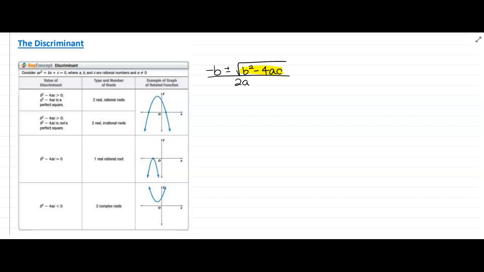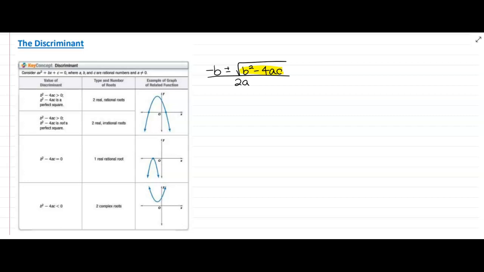And the reason this is helpful, you can just calculate b squared minus 4 times a times c for a particular problem. And without finding the solutions, without solving by factoring or the quadratic formula or completing the square or graphing, you know how many solutions this particular graph would have.